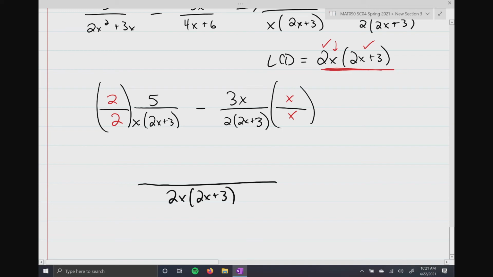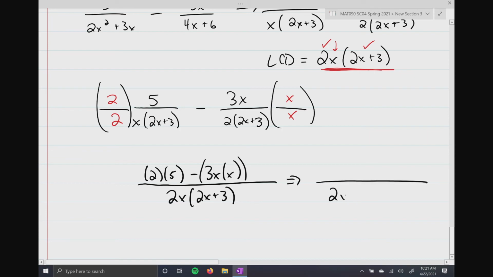I'm not going to simplify anything because I want you to see this. 2 times 5 minus 3x times x. Now, don't forget, always put that second numerator in parentheses when you got a minus sign. It just helps.